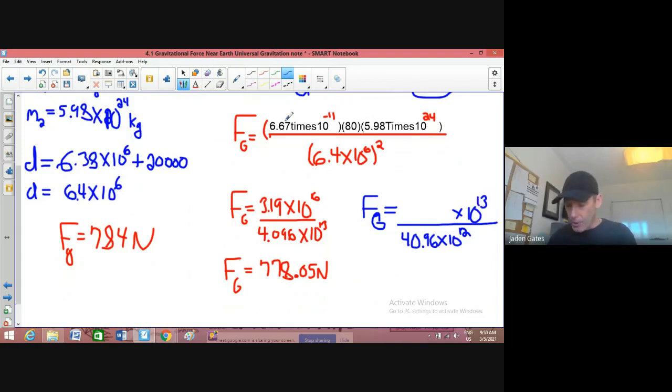Then I multiply my numbers: 6.67 times the 80 times the 5.98, in which case I get 3,190.93. Now I divide the numbers: 3,190.93 divided by 40.96.